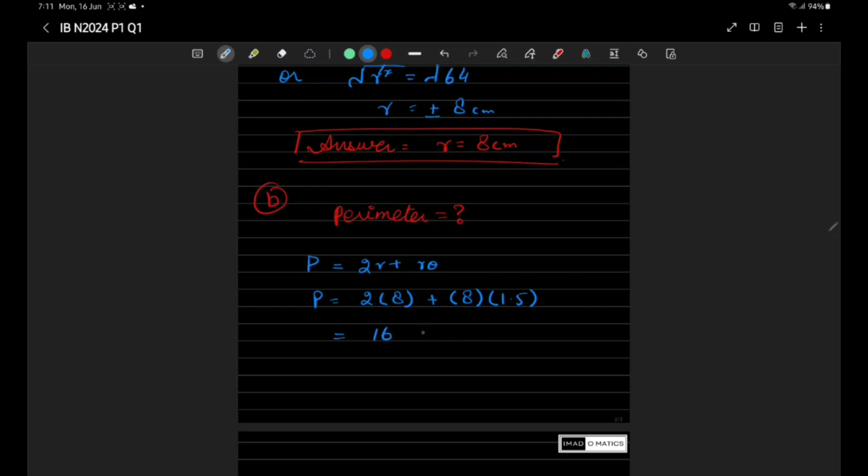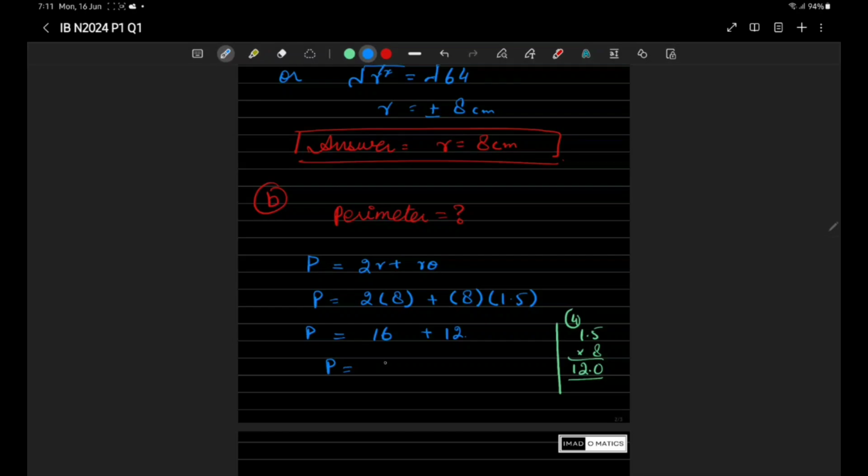2 into 8 is 16, plus, let's refer, 1.5 into 8. 8 5s are 40 and 8 ones are 8, so it's 12.